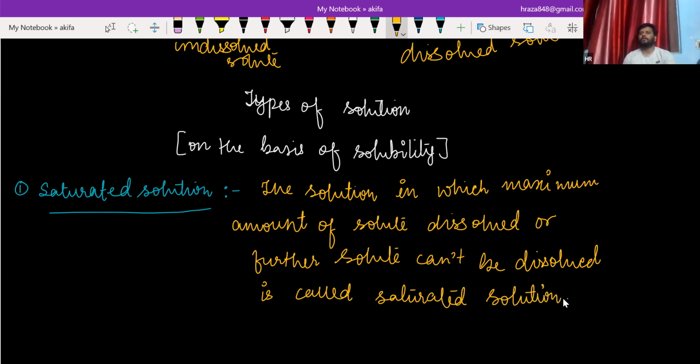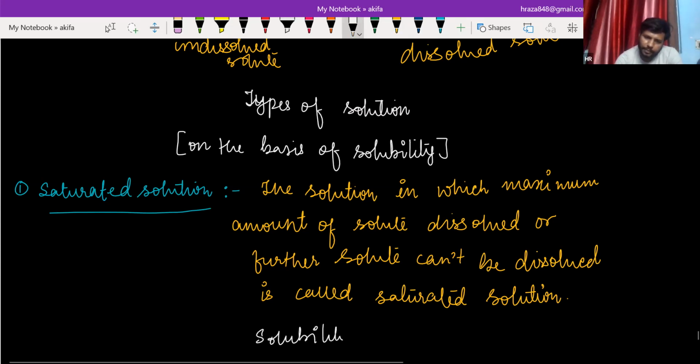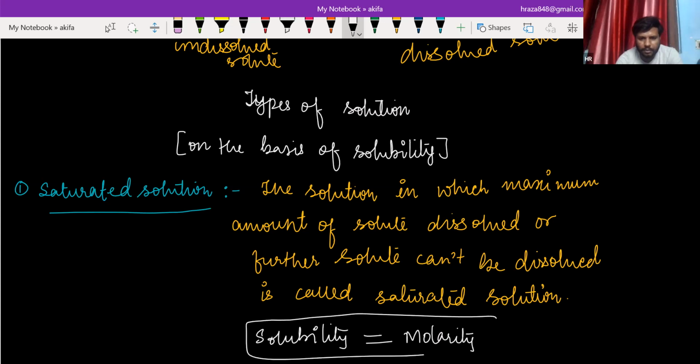Where no more solute can be added, that type of solution is called saturated solution. And in a saturated solution, the solubility will be equal to the molarity of the solution.